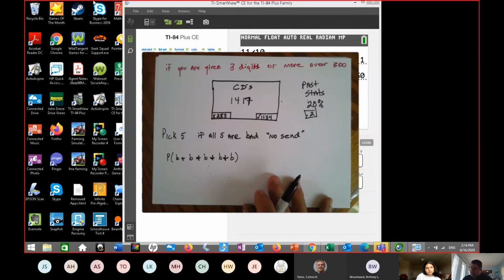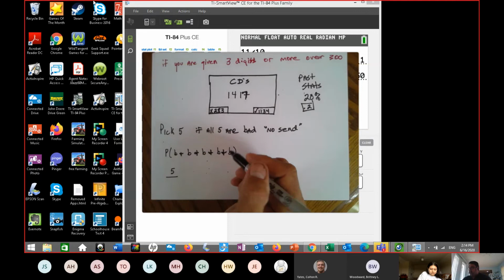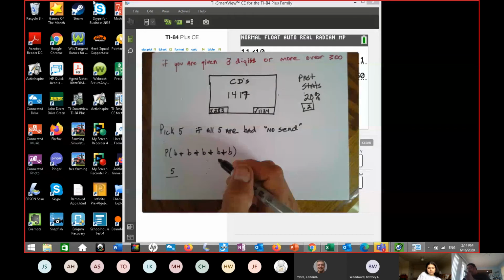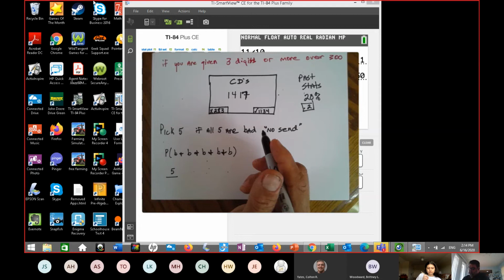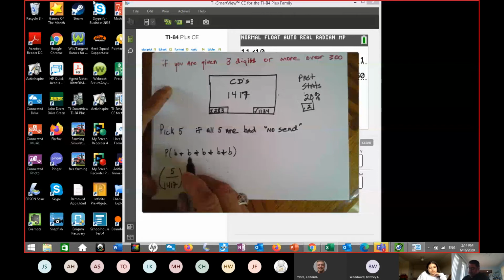So that's going to be 5 bad out of 1417, right? Oh, that's not right. 283 over 1417, I knew something was wrong, to the 5th power.